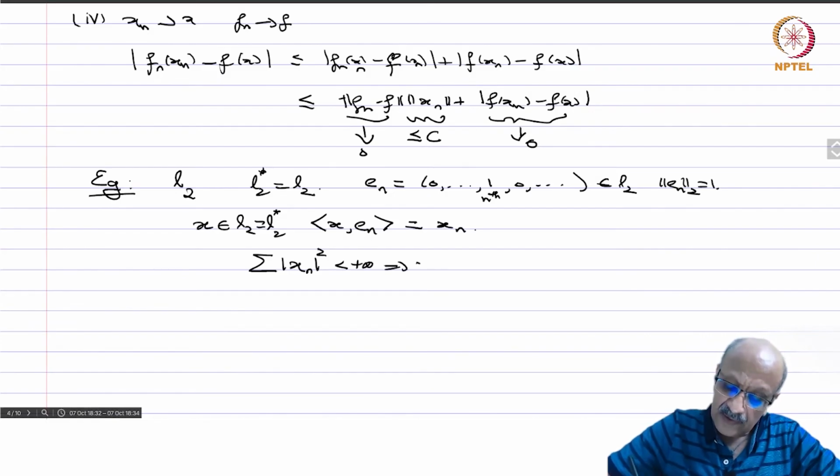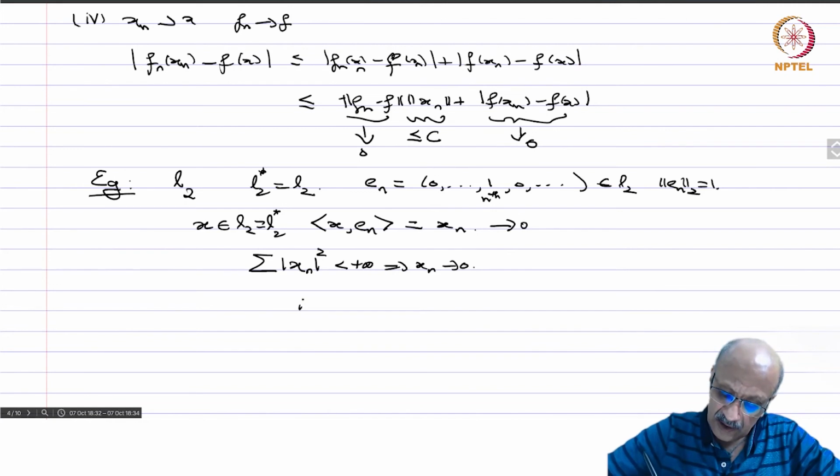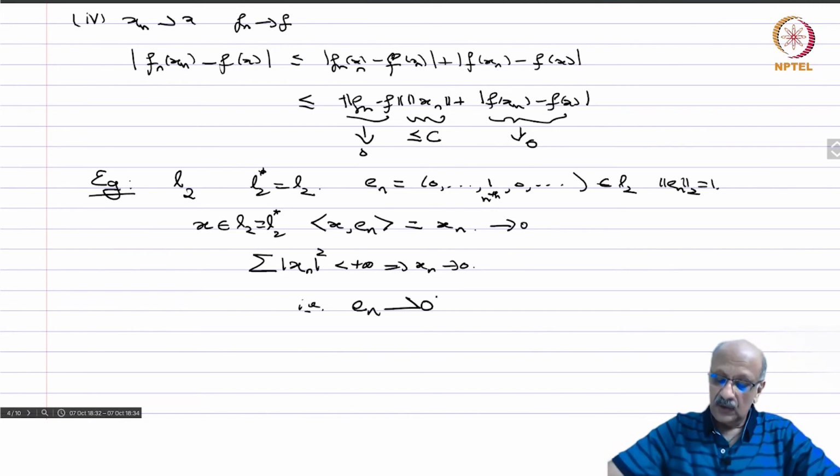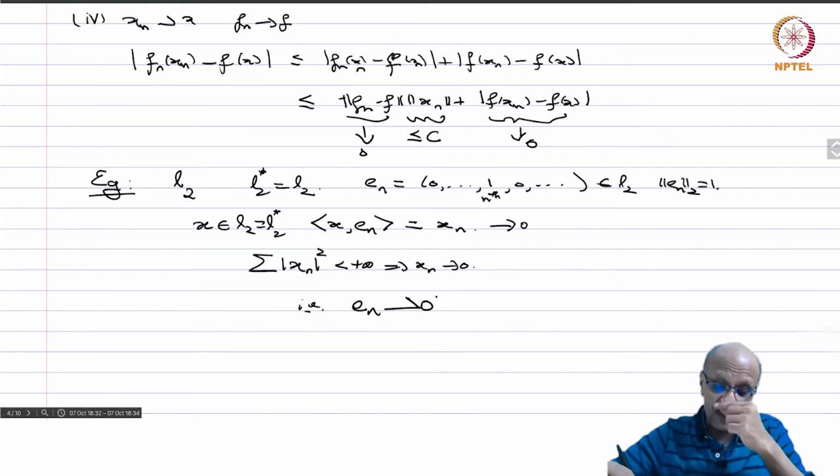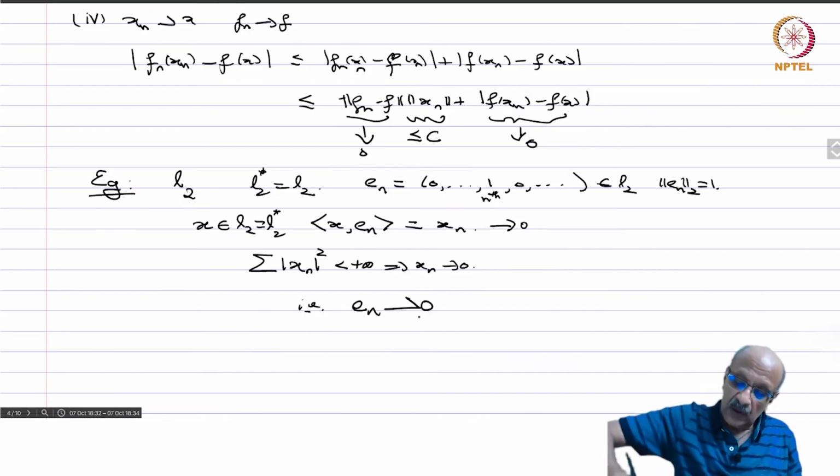So this implies that xn goes to 0. Therefore x(en) goes to 0 for every x in L2, which is the dual space, and therefore en converges weakly to 0. For every linear functional x(en) goes to 0, and therefore en converges weakly to 0.